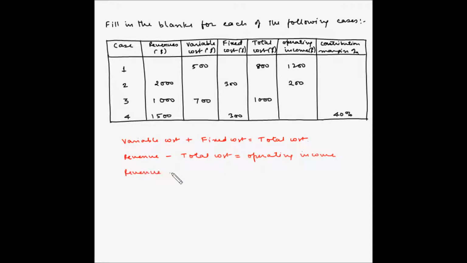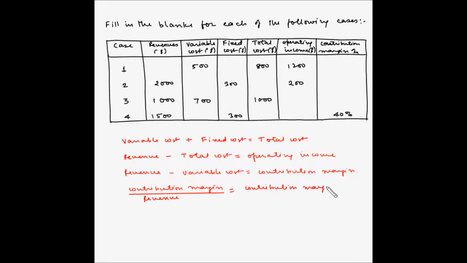Revenue minus the variable cost is equal to contribution margin, and contribution margin divided by the revenue is equal to the contribution margin percentage.